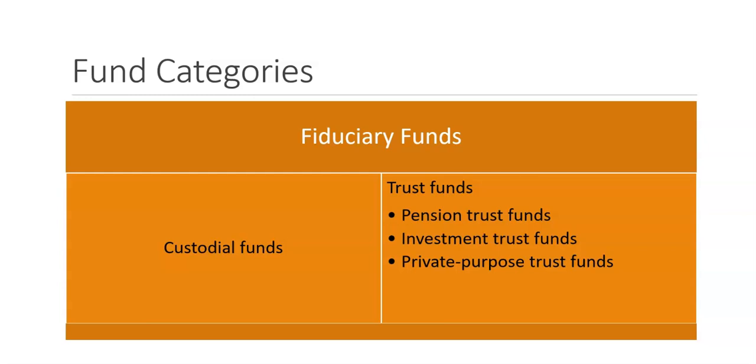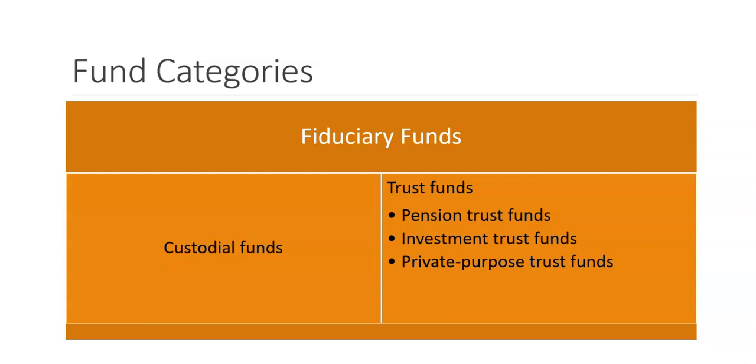City and state governments are one of the few places where defined benefit, funded pensions still exist, rather than 401k funding or different funding options. So they have to report that they have enough money to meet their pension needs. Then we also have investment trust funds and private purpose trust funds.